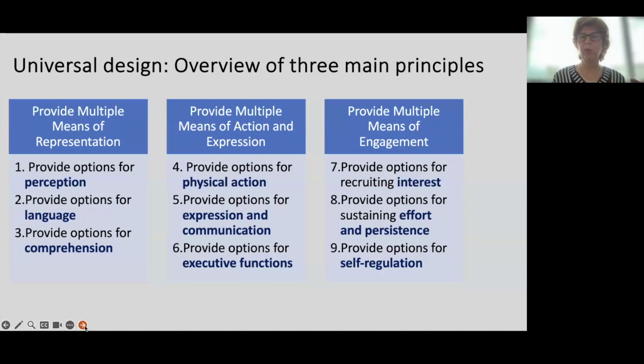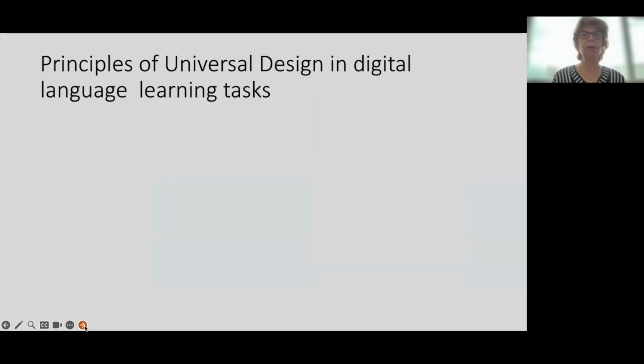So these are very general educational principles that refer to inclusion, but they can also refer to digital inclusion.